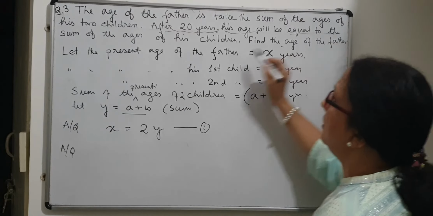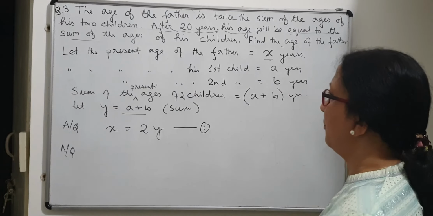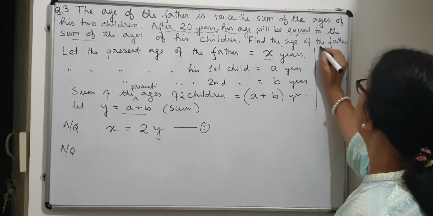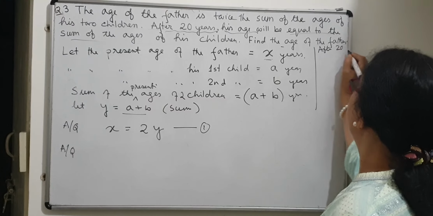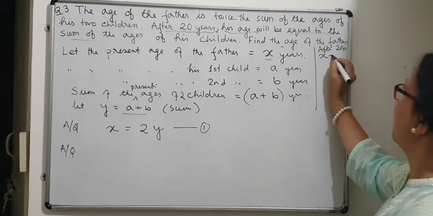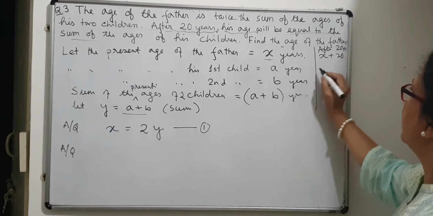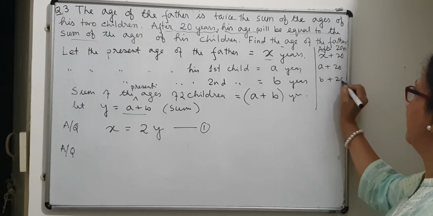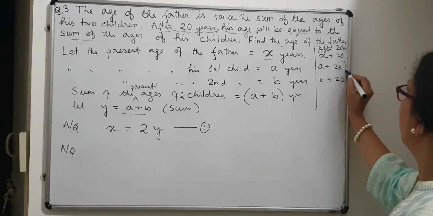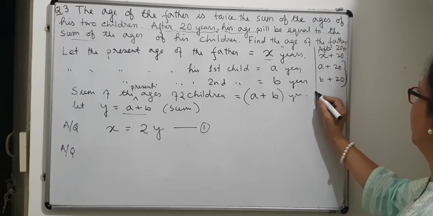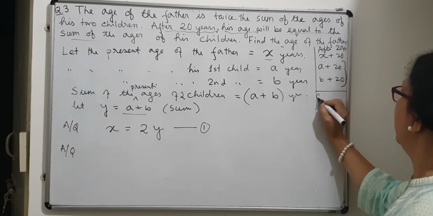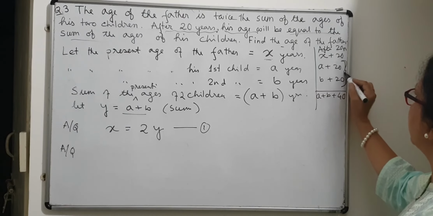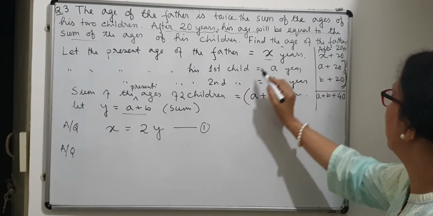Then according to the question again, let's come to the next condition: after 20 years, the father's age will be equal to the sum of the ages of his children. So the father's age after 20 years will be X plus 20, the age of the first child will be A plus 20, and the age of the second child will be B plus 20. So the sum of the ages of the children will be A plus B plus 20 plus 20, which is 40.